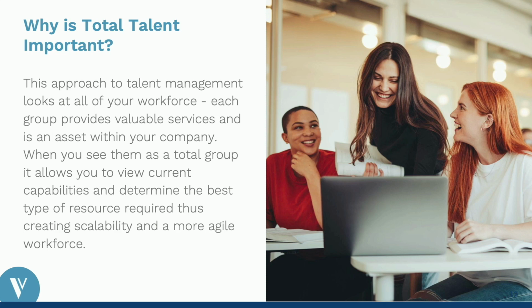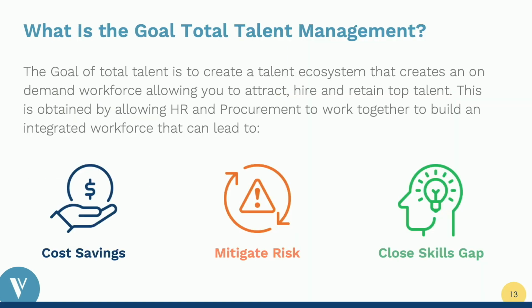And this allows you to create scalability and a more agile workforce. As time moves on, you will start hearing more about the flexible workforce. And this is just what total talent does. That's why it's important.